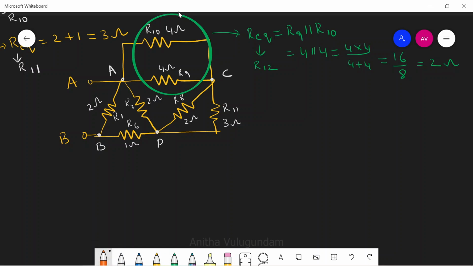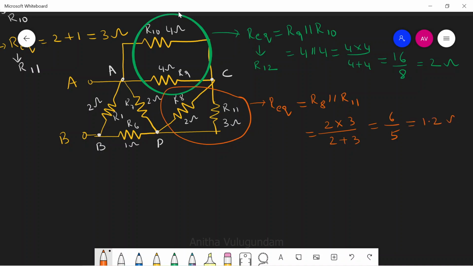Next one I can see here between node D and C, R8 and R11 are in parallel. I can write R equivalent equal to R8 parallel to R11, that equals 2 into 3 divided by 2 plus 3, that equals 6 by 5, which is equal to 1.2 ohm. I would like to redraw the figure now.